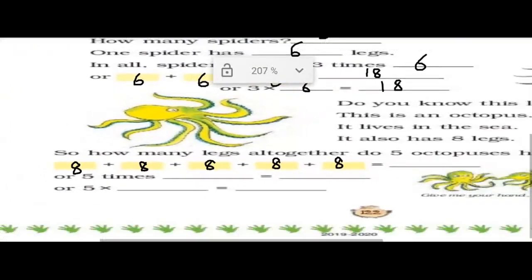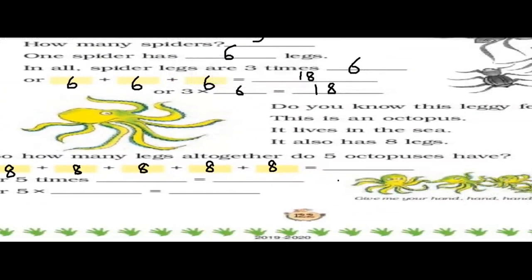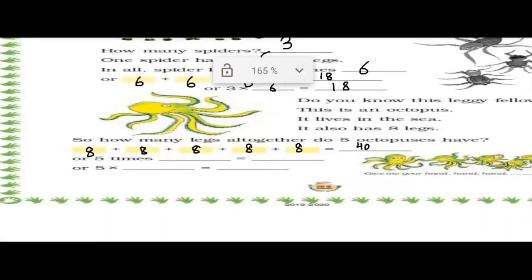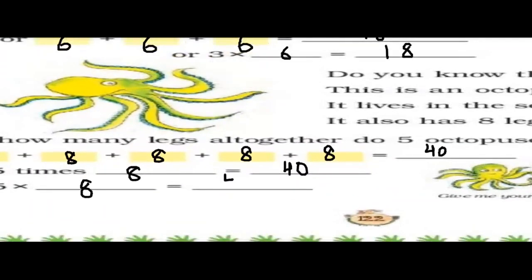So, altogether 8 plus 8 plus 8, they have 40 legs. Yes, if you add it, it will be 40. So you will write 40 legs. Otherwise you can write 5 times 8 equals to 40. So 5 into 8 is 40. So in this way you will write the answer.